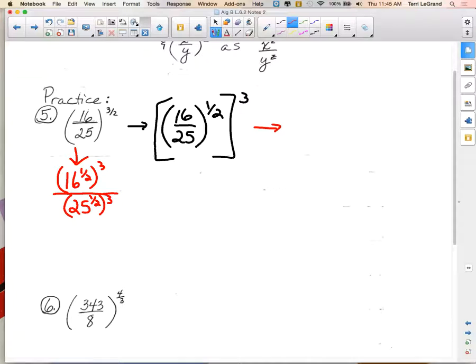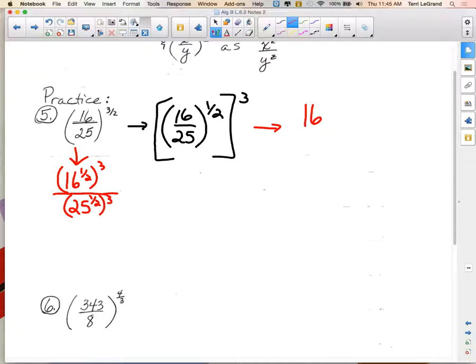So you kind of combined it all into one. So what really happens, Claire Ann, is you're giving the 16 the 3/2 power right away, and giving the 25 the 3/2 power right away, and then we would rewrite those like this. This is kind of jumping too fast, but if it works for you and you understand it, you can do it.